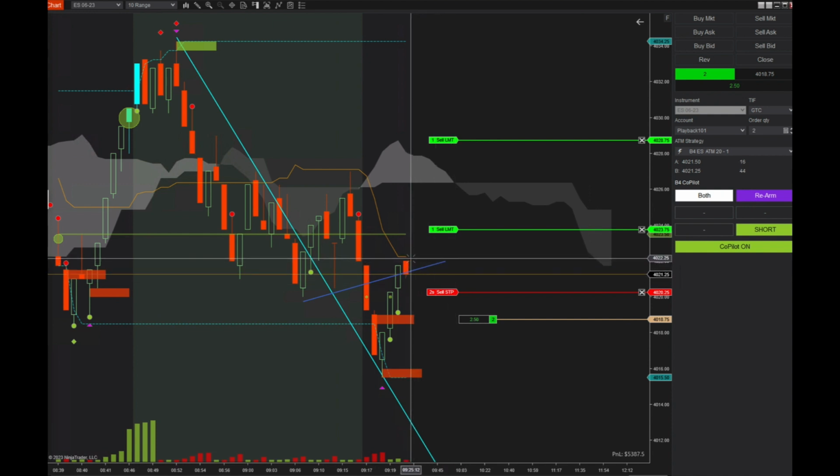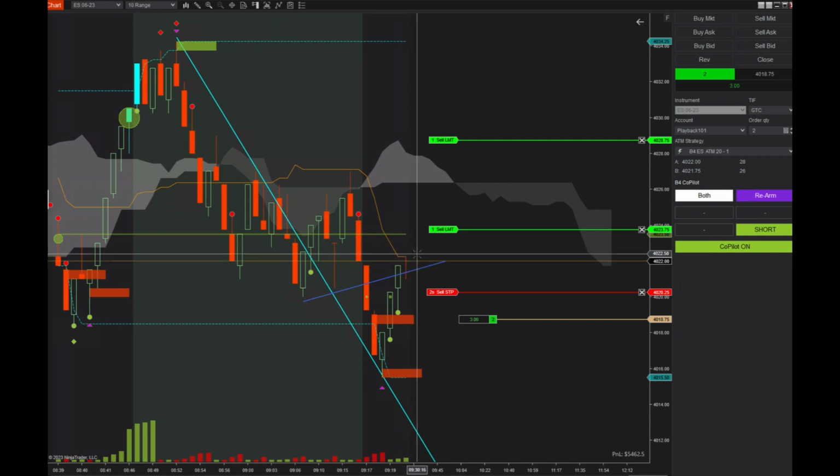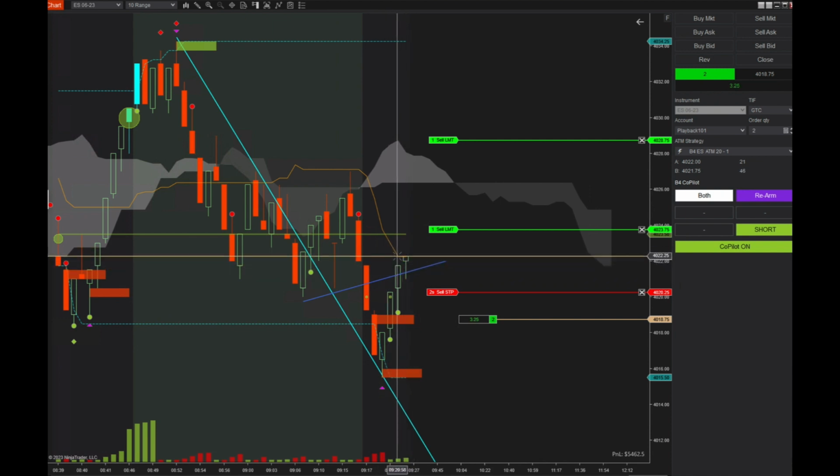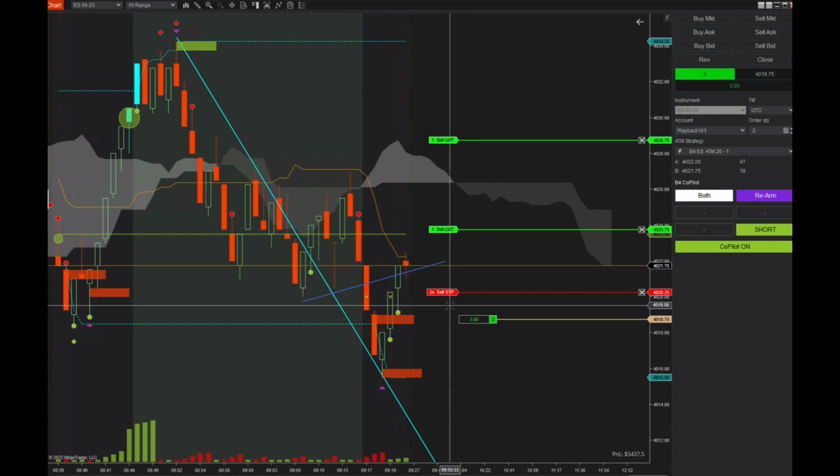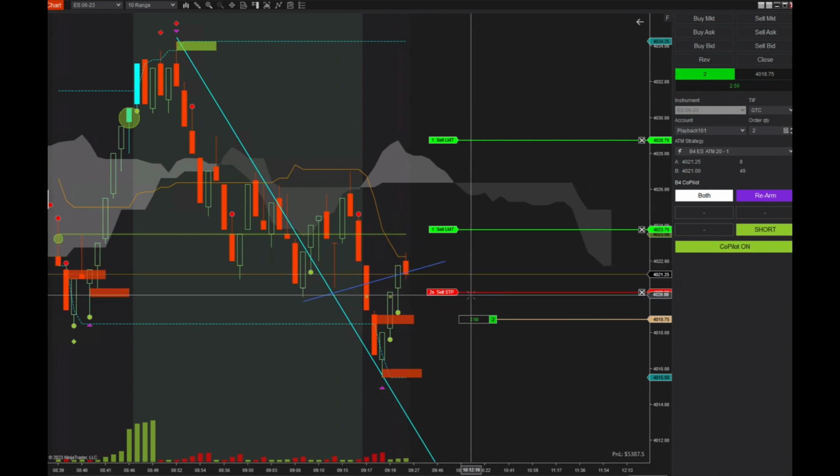Right there at the Kijun-sen, so it could reject from there, could have a Kijun-sen bounce. We got our stop loss in a pretty good position.